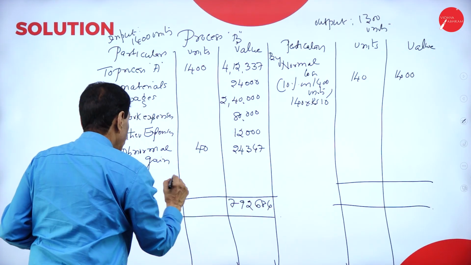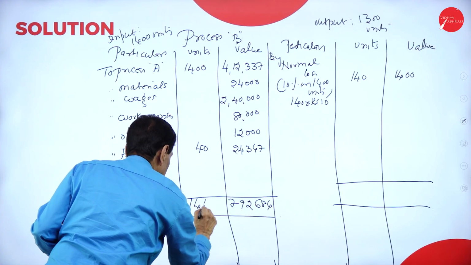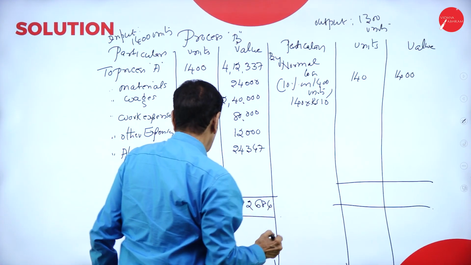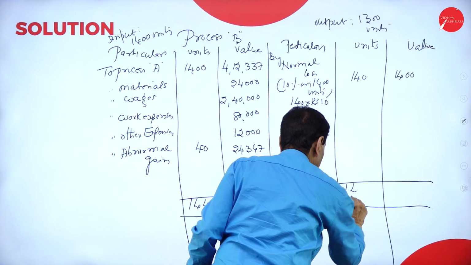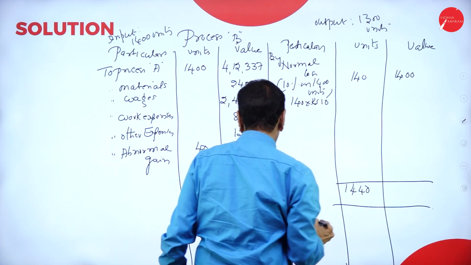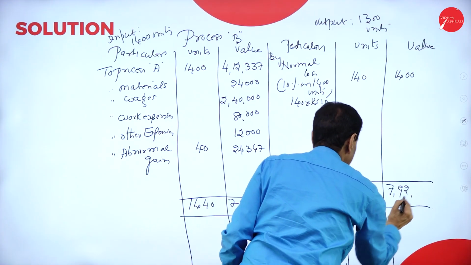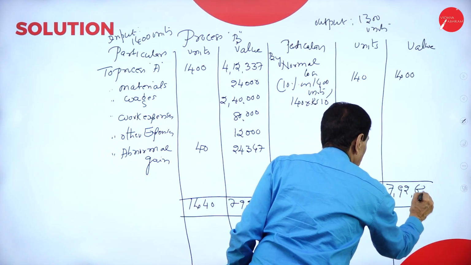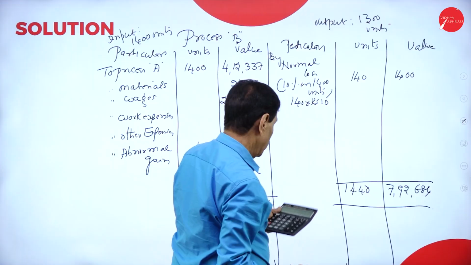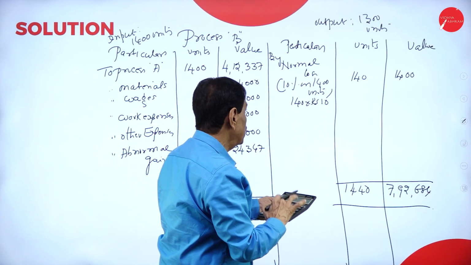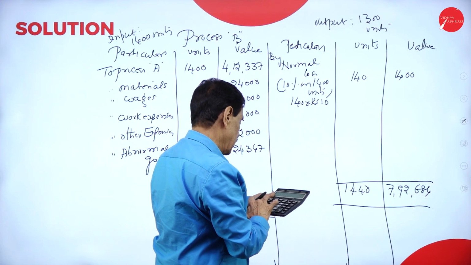It is 1,440 units. Put it here: 1,440 units, value 7,92,684. Out of that, minus 1,400 will go.